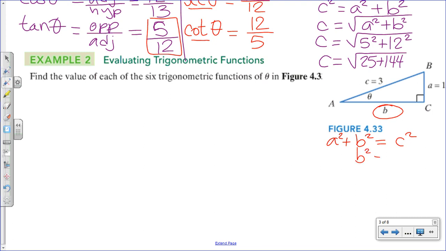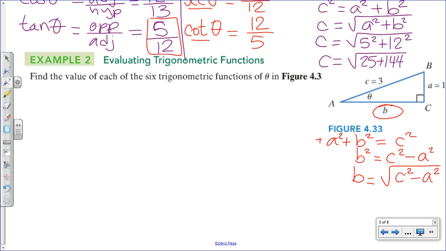So b squared will be equal to c squared, and of course this positive a squared, it is adding, so if we take it across, it will be subtracting. So c squared minus a squared. And so b will be the square root of c squared minus a squared.